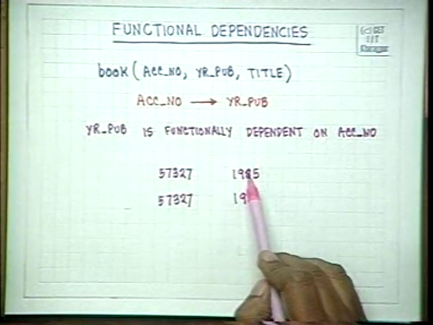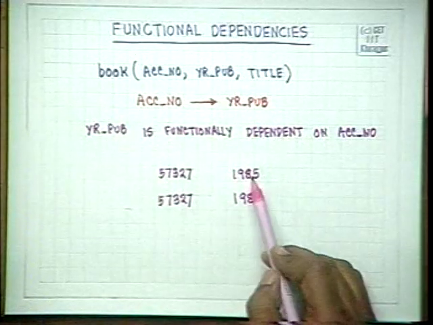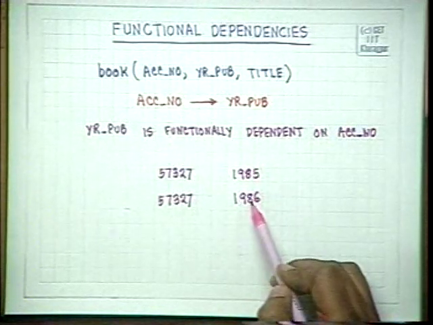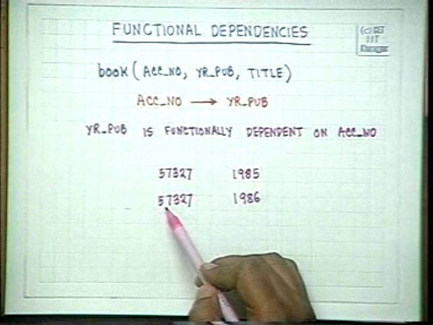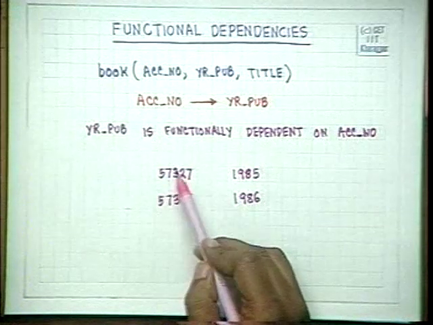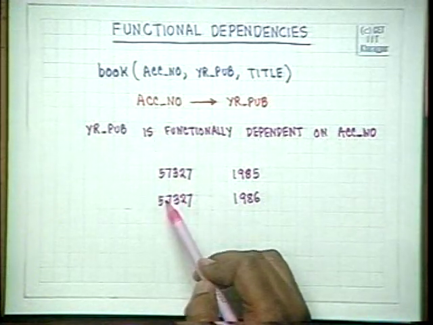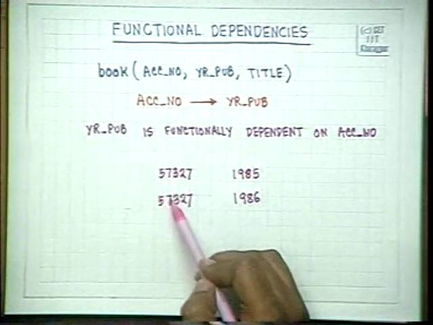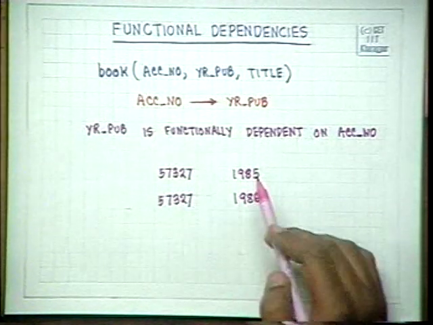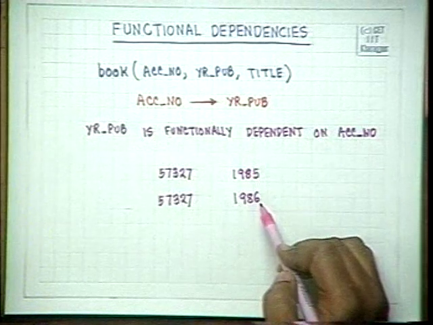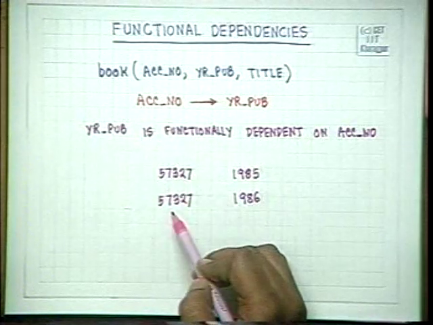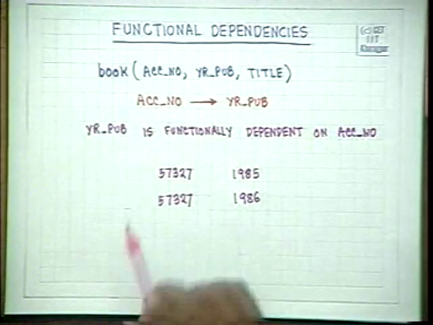But if I specify only this, I can have tuples which have the same values of year of publication and different values of accession number. If they have different values here, they cannot have the same values here. So, if two tuples have the same accession number, they must have the same year of publication. That is the meaning of this.